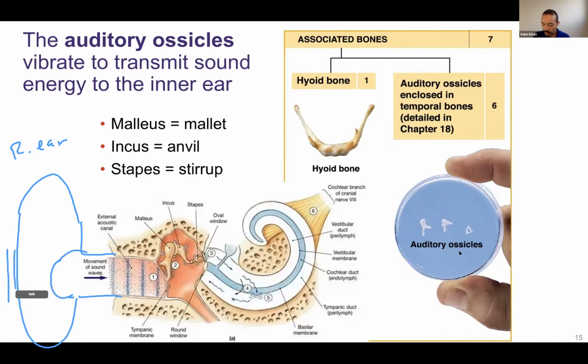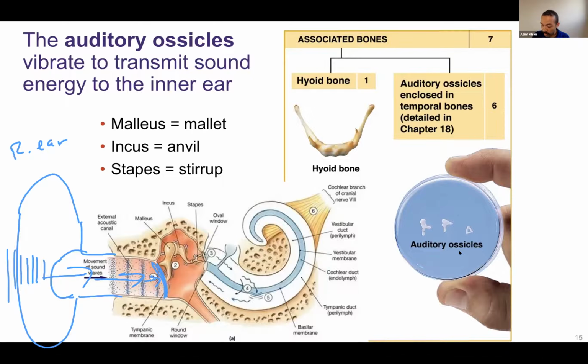Sound waves get into your external acoustic meatus of your temporal bone, filtered or caught by your pinna, your auricles. That sound vibrates your tympanic membrane. We'll get to that later, but after vibrating the tympanic membrane, it vibrates 3 bones in succession.